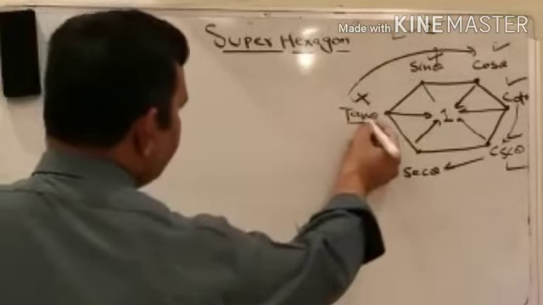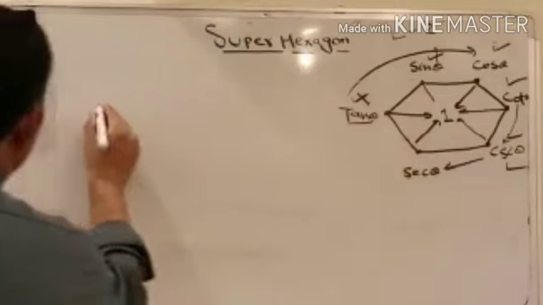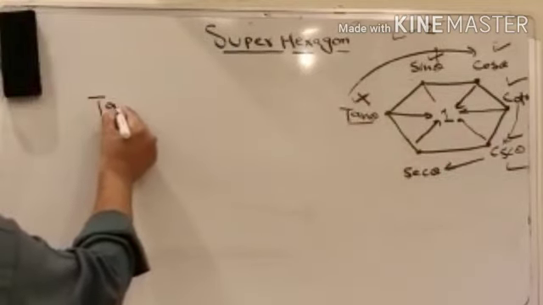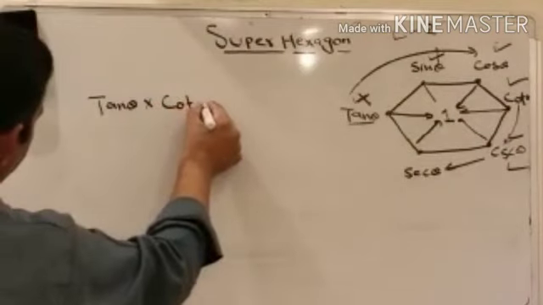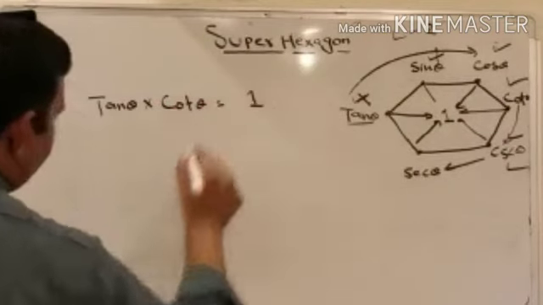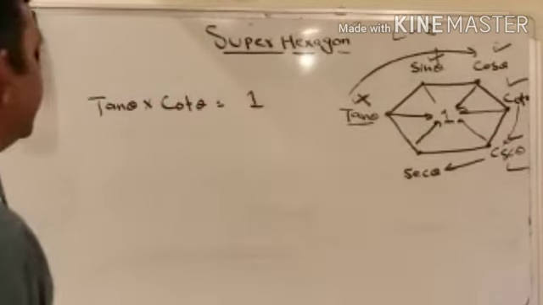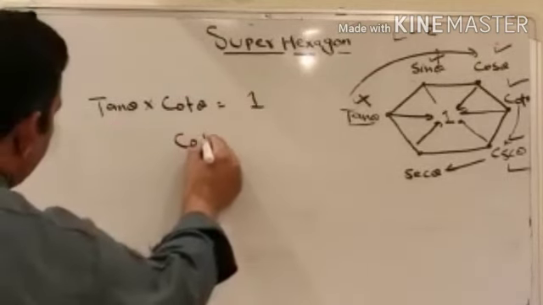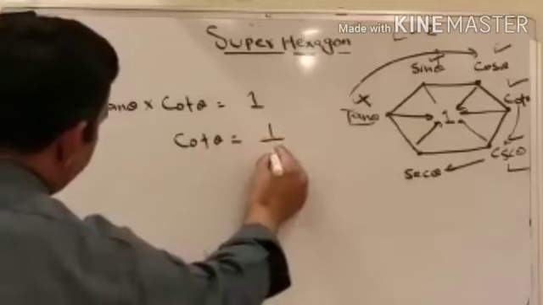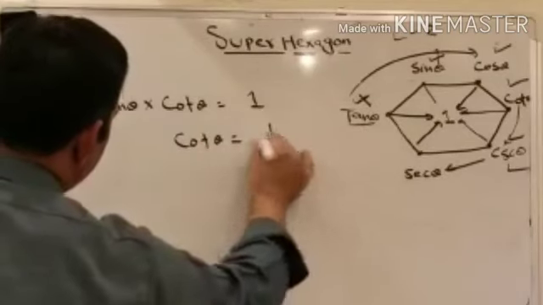For example, the product of tangent theta and cot theta equals 1. In this way, we obtain cot theta equals 1 divided by tangent theta.